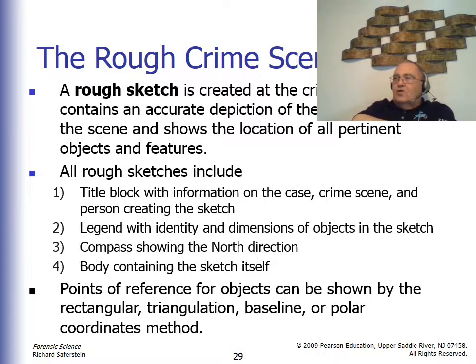You'll also show the cardinal north location on the map, so people can orient themselves to the sketch. You'll have a legend that will help identify evidence that you've placed into the sketch.